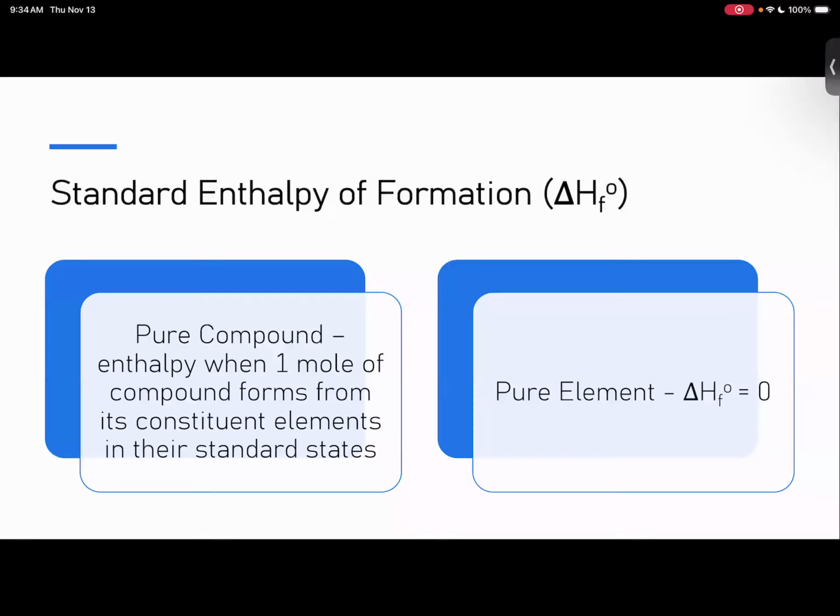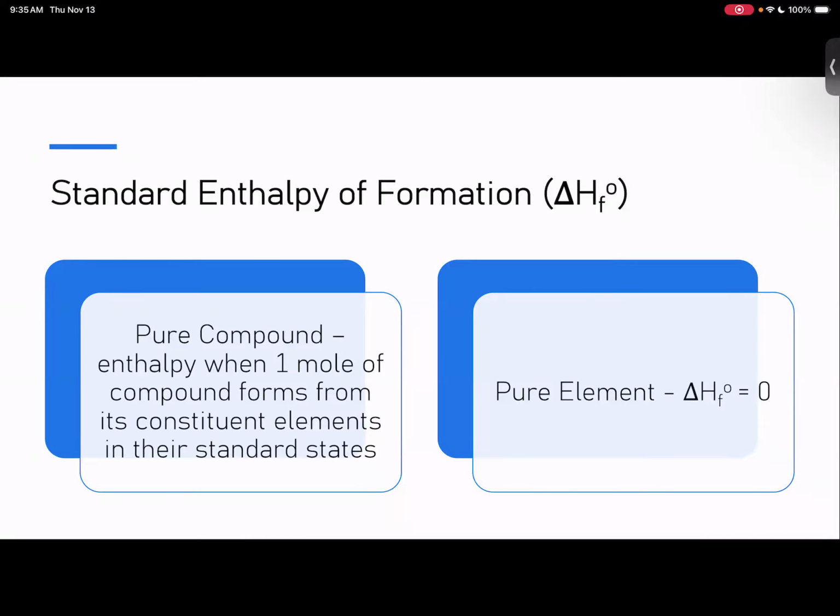So one of the ways we describe these standard enthalpies is by their standard enthalpy of formation. What we mean is the formation of a pure compound from its constituent elements in their standard states. Now, what that means is, a pure element in its standard state is going to have an enthalpy of formation equal to 0.